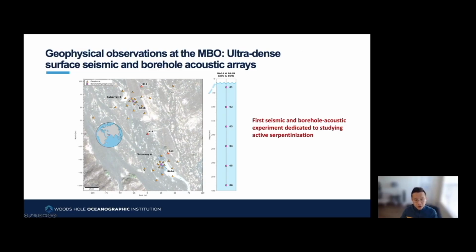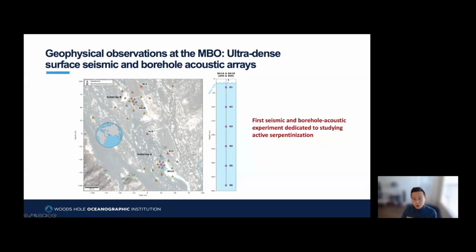The orange triangles are surface geophones, which measure surface velocity. In other words, they sense mainly seismic waves that propagate in the solid earth. And the two pink circles are the two boreholes, BA1A and BA1B, which Tristan just mentioned. The two boreholes were 400 meters deep, with the water level at 15 meters deep.